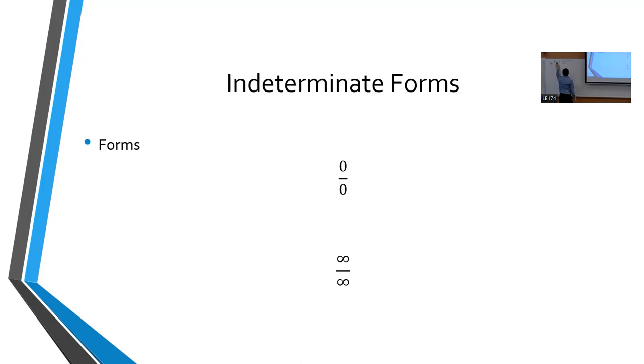They're called indeterminate because if I know my fraction, when I plug in 0, or if I plug in infinity, or if I plug in any other number, yields 0 over 0 or infinity over infinity, I really can't tell what the outcome of the limit is going to be. So they're indeterminate, they're undetermined. So if we have one of these forms, we want to have tools to figure out what the limit is going to be.